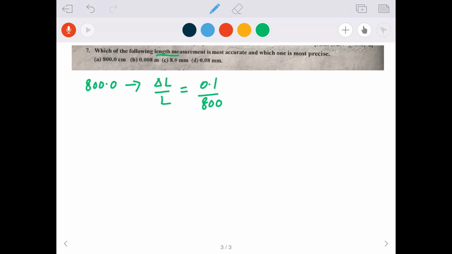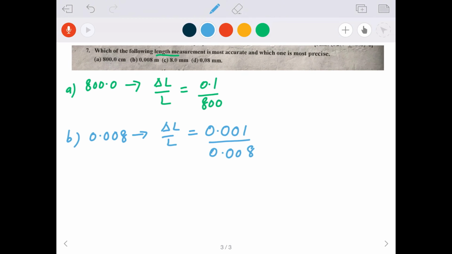So similarly, this is A. B I am writing as 0.008 meter. So I can write it as again delta L by L, which is equal to, how many decimal values? 1, 2, 3. So I can write it as 0.001 divided by 0.008.